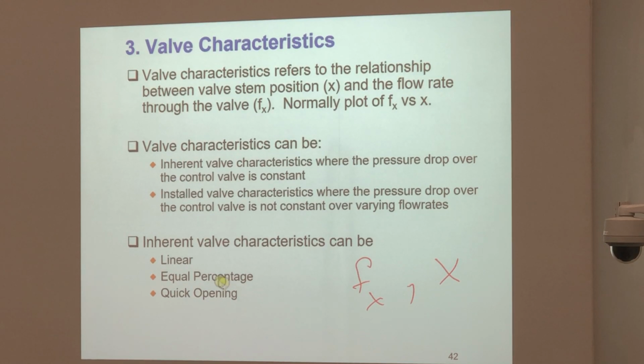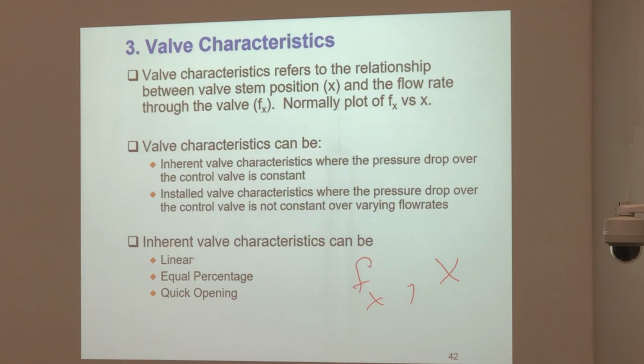But linear does not work like that. From 50 to 60, the valve has already moved to the 60 position, so the valve is already open 60%.